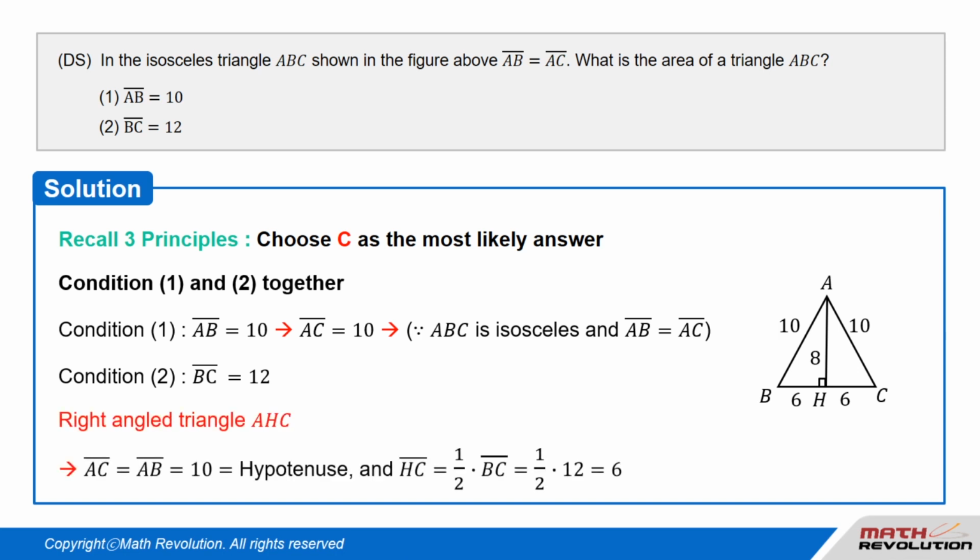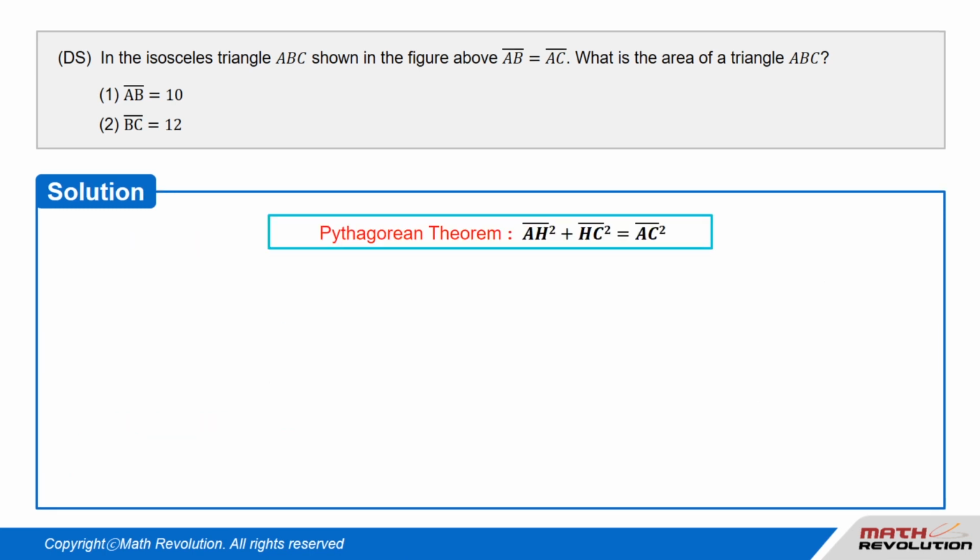In a right-angled triangle AHC, line segment AC equals line segment AB equals 10, the hypotenuse, and line segment HC equals 1 over 2 times line segment BC, which equals 1 over 2 times 12, which equals 6. Using the Pythagorean theorem, we can figure out the height of the triangle.